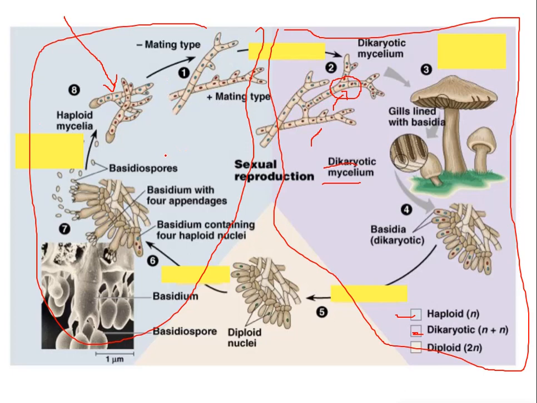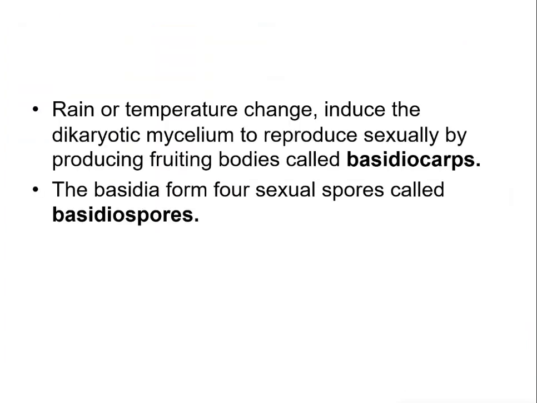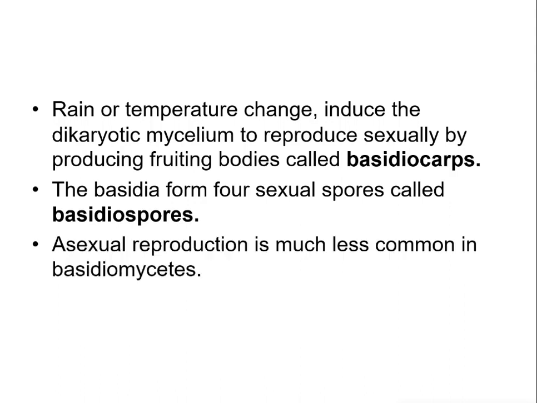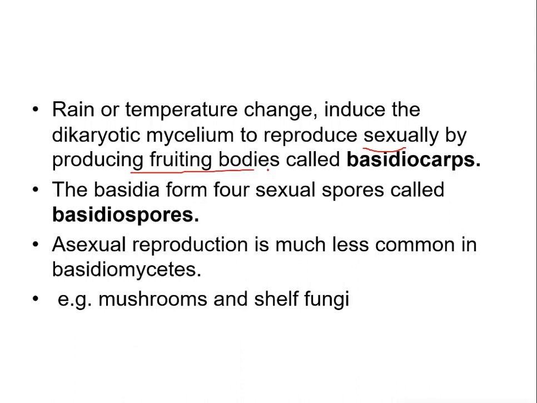Okay, next. When rain or temperature changes, it will induce the dikaryotic mycelium to reproduce sexually by producing fruiting bodies called basidiocarps. Okay, the basidia form 4 sexual spores known as basidiospores. So in other words, in the basidiocarp, you will find basidia.